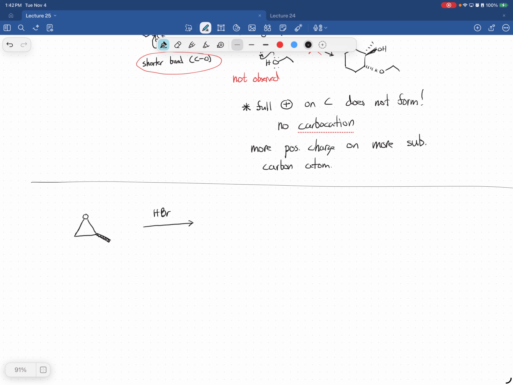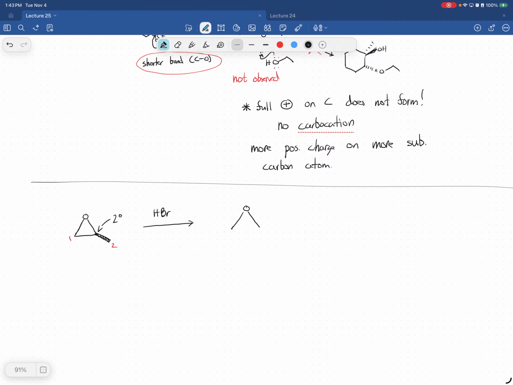Where would the epoxide open? This carbon, right? So you would think it would be at this carbon. Well, this position is actually secondary because there's only one other carbon substituent. So there's one carbon here and then one carbon there. So it's actually still just tertiary, secondary. So you might think this would open the usual way.